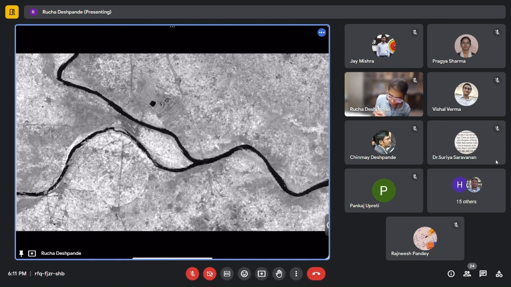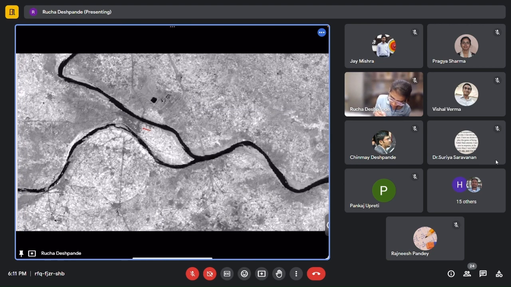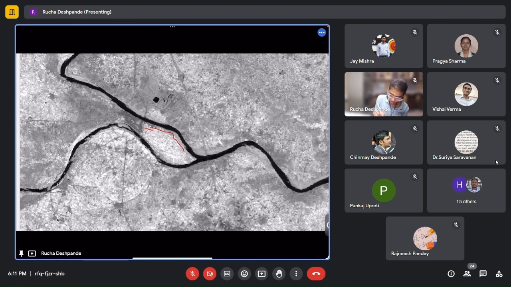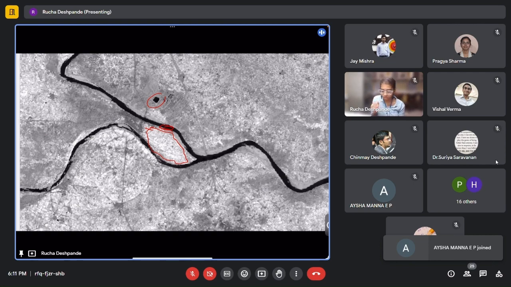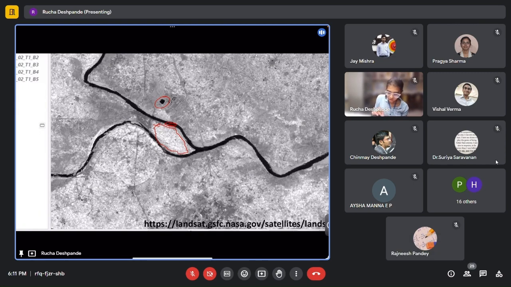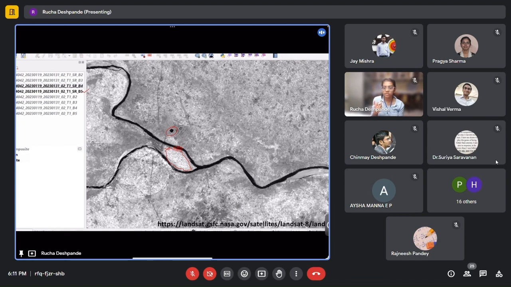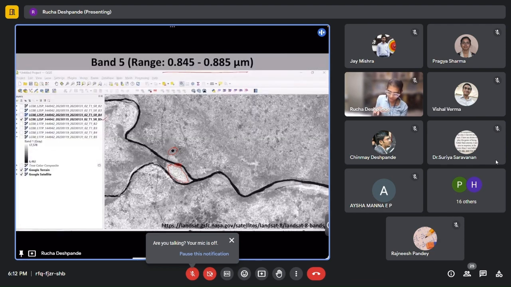The vegetation pixels are appearing the brightest, and the water pixels are appearing the darkest. Near infrared is also considered the best band for studying vegetation, because vegetation reflects a lot in this range.